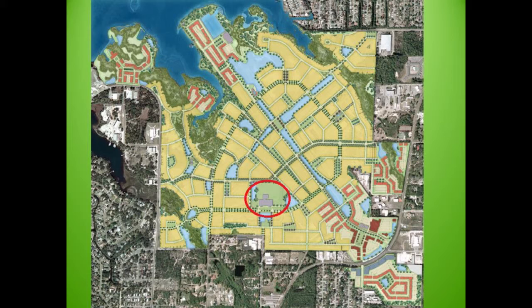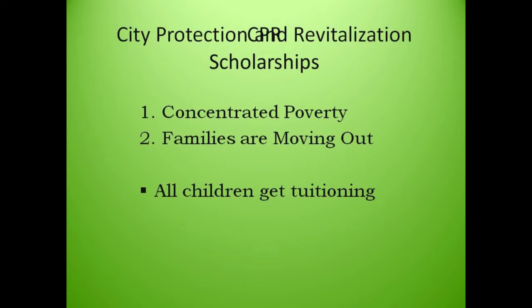So what's needed here? Well, we'll call them Community Protection Revitalization Scholarships, CPR scholarships. This is what's needed for Southeast Raleigh, for Durham. In these areas, probably the equivalent of what we're calling ESAs now, areas where there's concentrated poverty and where people are moving out when their children get to be school age.